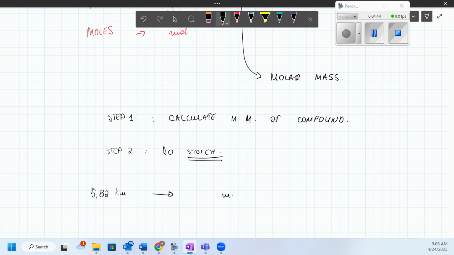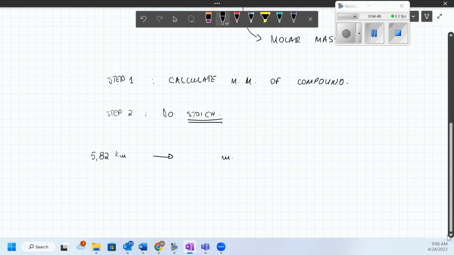So we say 5.82 kilometers; this is what is given, and you always start with what is given. In order to move from kilometers to meters, we'll use the ratio that connects kilometers with meters.